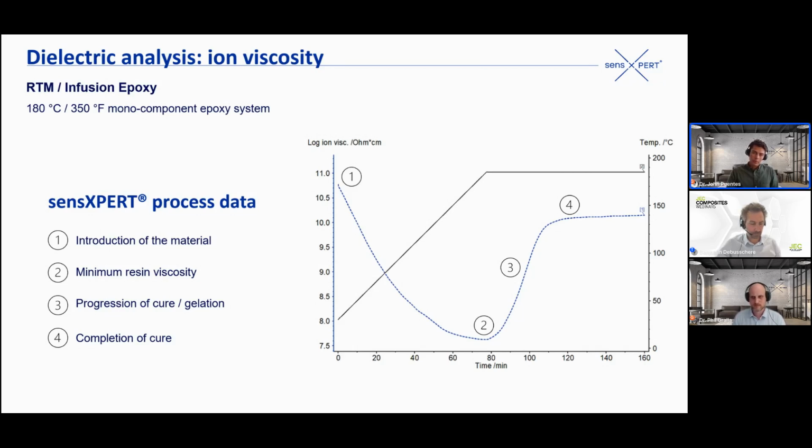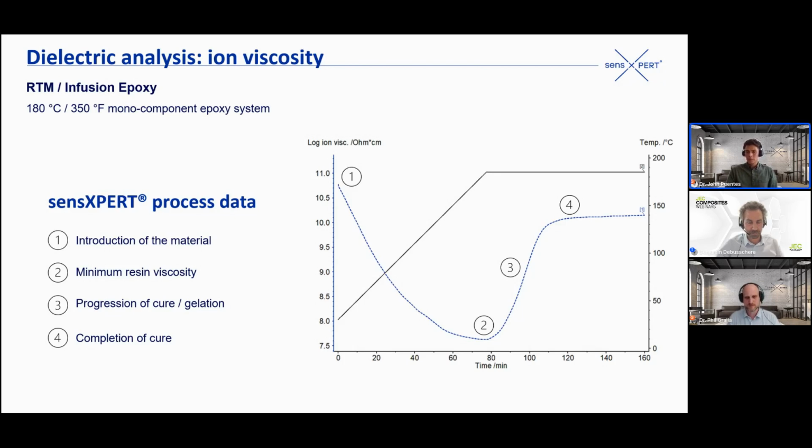What we can measure with this sensor, you see here a typical example of an RTM resin. We have the dynamic isothermal heating cycle, and at point 1, we start detecting the material. Then at point number 2, as the chemical reaction progresses and the temperature increases, we reach the minimum viscosity point.